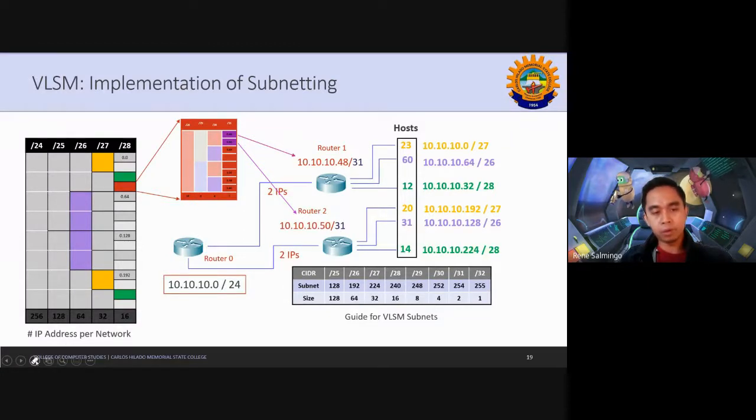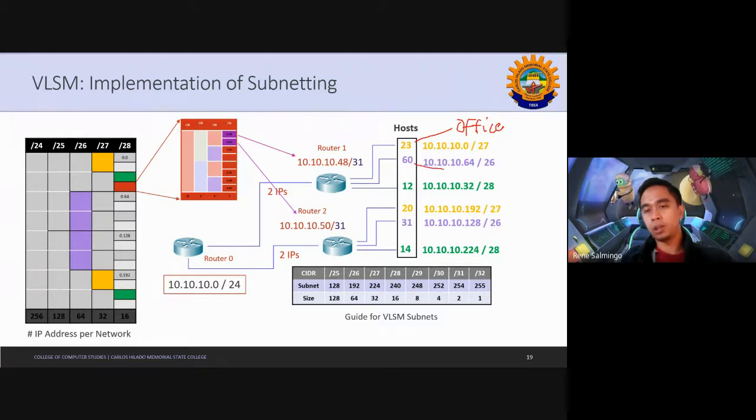Now, given an example of the use of variable subnet mask in a real application. Let's say I'm going to give you an example that we could apply this. For the number of hosts, if you want 23 hosts, this would be your office. You have 23 computers in the office, and in the laboratory you have 60.